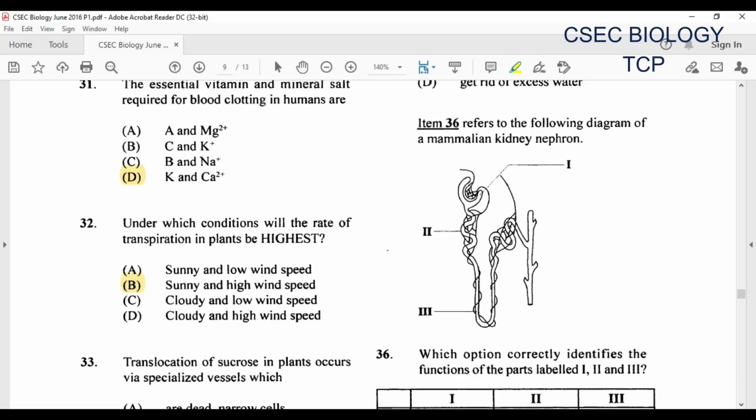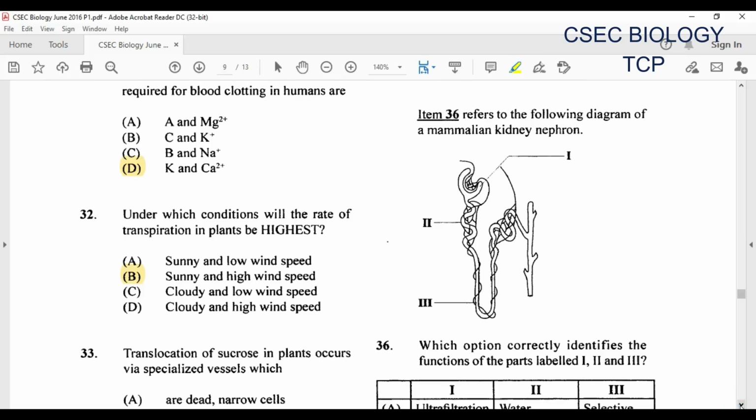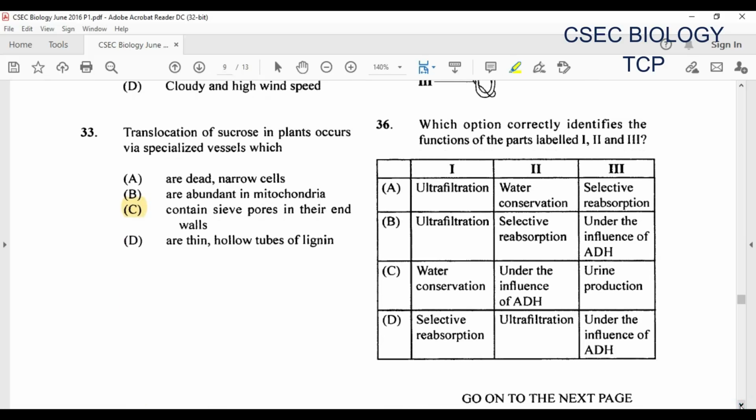So we're looking at the Bowman's capsule at 1, the proximal convoluted tubule at 2, and the loop of Henle at 3. Now let us look at the table to see what's there for us to look at.